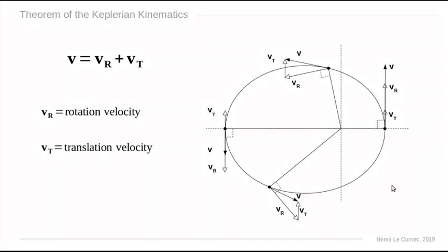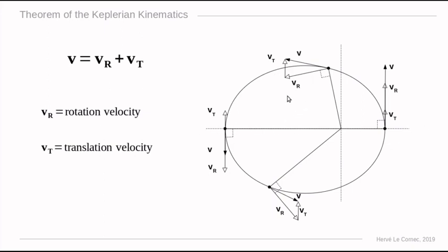Here are presented both rotation and translation velocities at 4 different steps of a conic trajectory. Note that the translation velocity Vt always has the same direction and the same amplitude all along the trajectory. Also note that Vt is always perpendicular to the main axis of the ellipse.